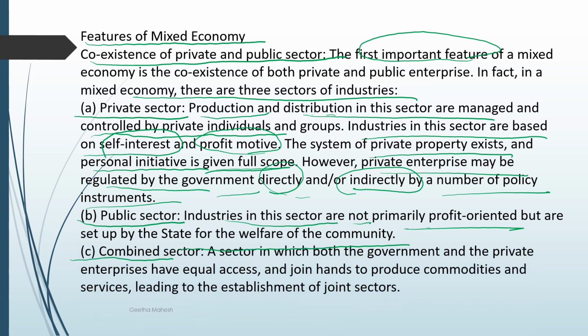Combined sectors also you can see, that means industry is owned and controlled by both private and government. That means sector in which both government and private enterprises have equal access. They join hands to produce commodities, services, leading to establishment of joint sectors.